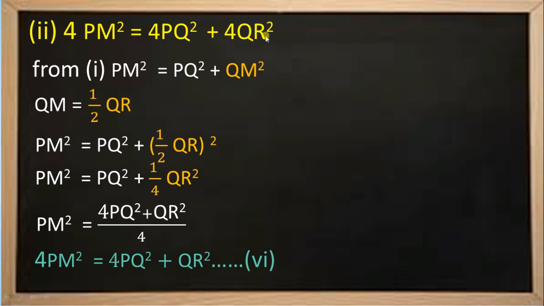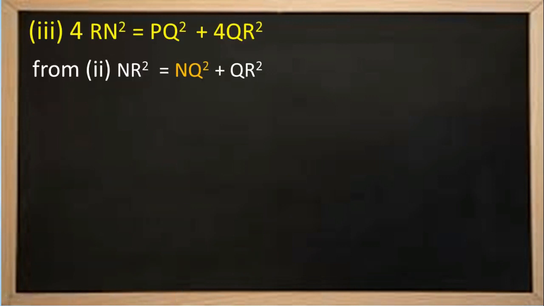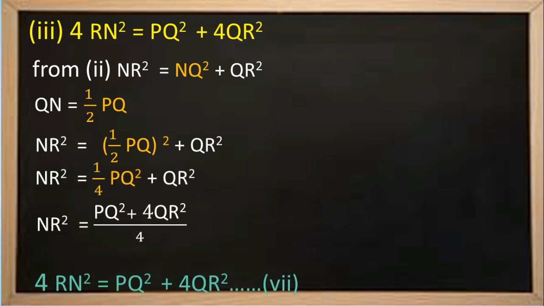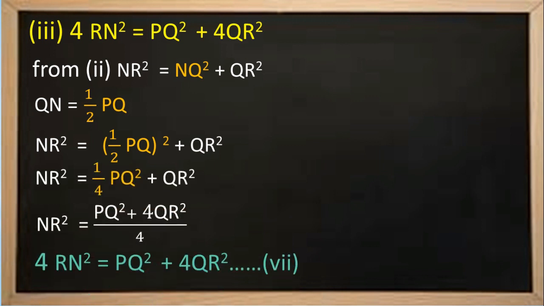In a similar manner, consider result number 2, and in the place of QN, substitute half of PQ and find the solution in the same manner by taking an LCM. You are going to get the answer 4RN square is equal to PQ square plus 4QR square. This is the solution for sub question 3. Hence we have proved.